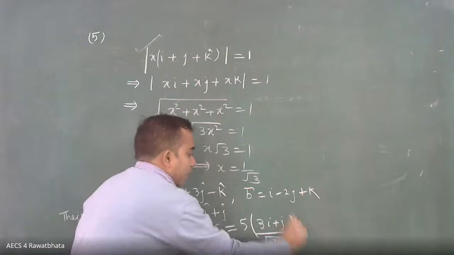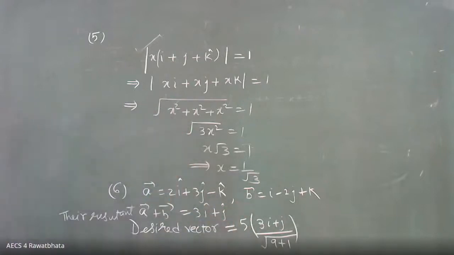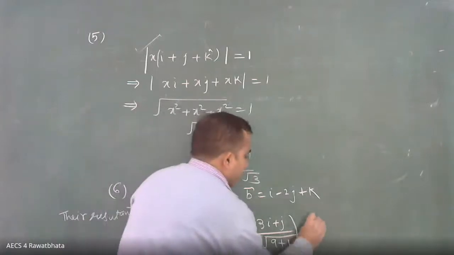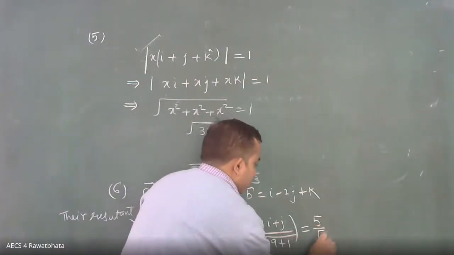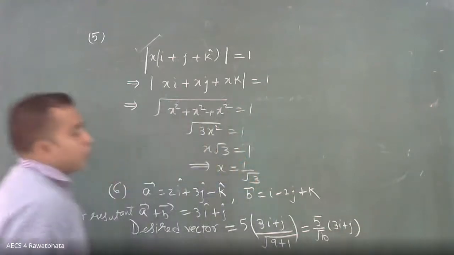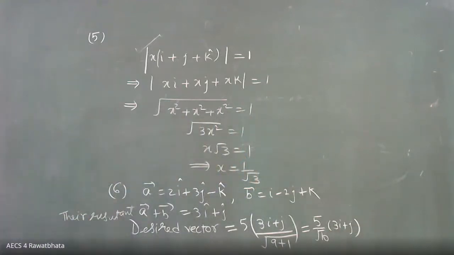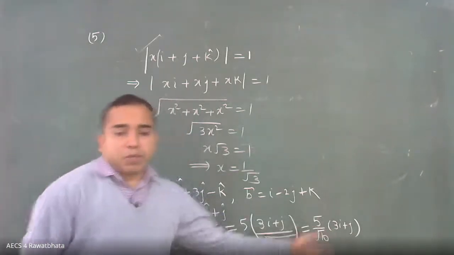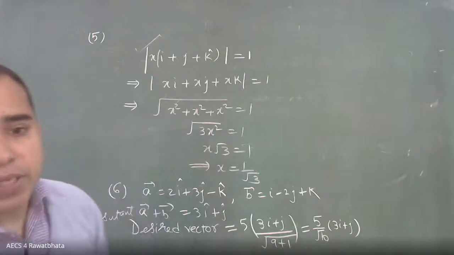So 5 is multiplied. This is my desired vector. Now you simplify, this will be root 10, and this is going to be the answer. If you want, you can multiply root 10 up and down. This will be root 10 upon 2, 3 plus 2. Simplify and check your answer.